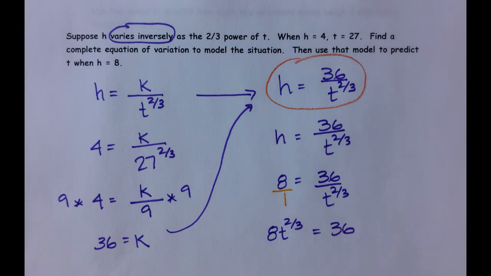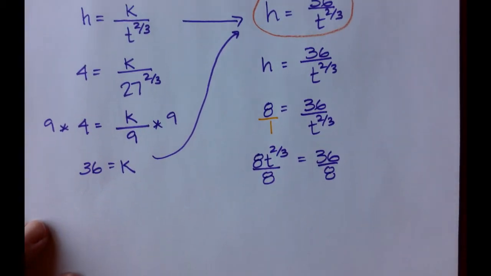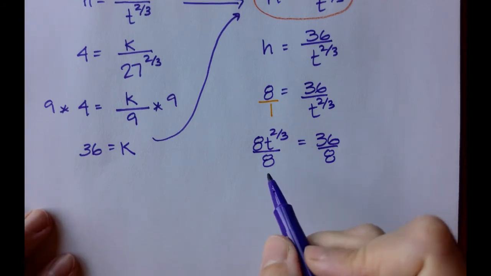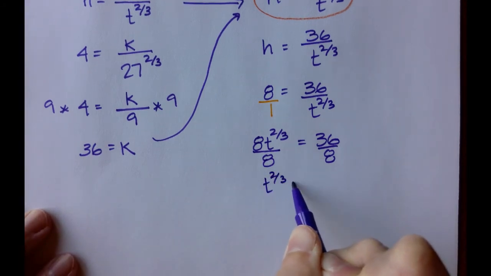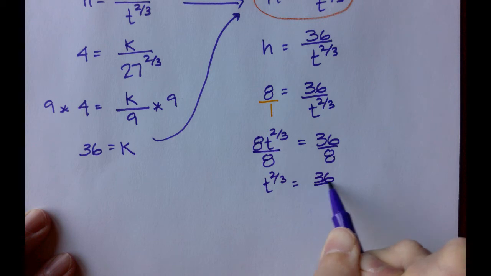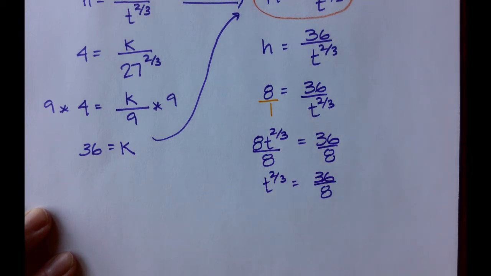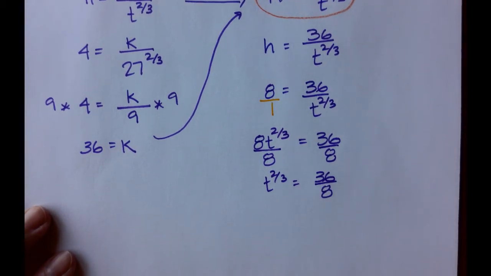To isolate t, we need to divide by 8 first. We'll divide both sides of the equation by 8. Now when you do the cancellation, you'll have t to the 2/3 equals 36/8. And I'm not going to worry about reducing this or doing anything with that fraction right now.